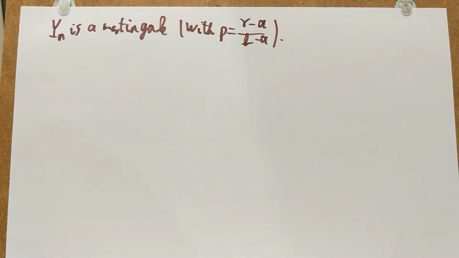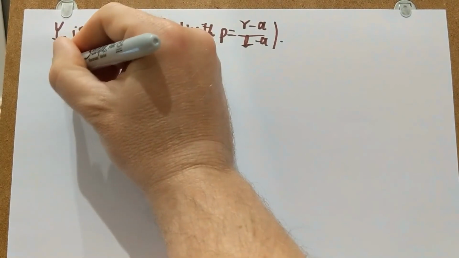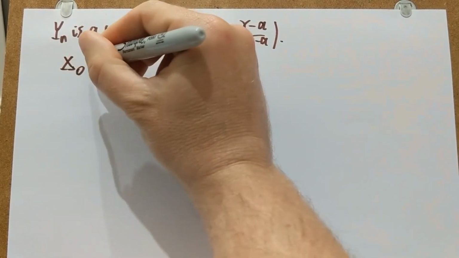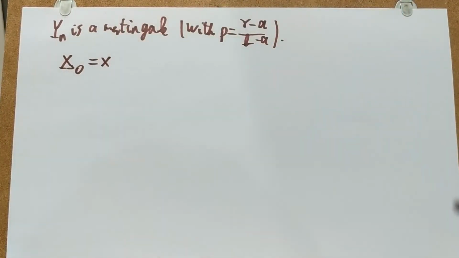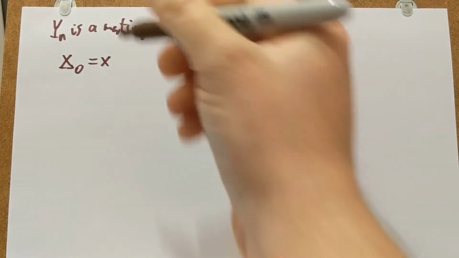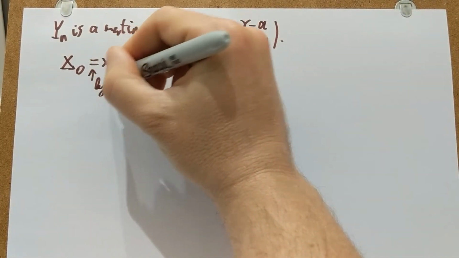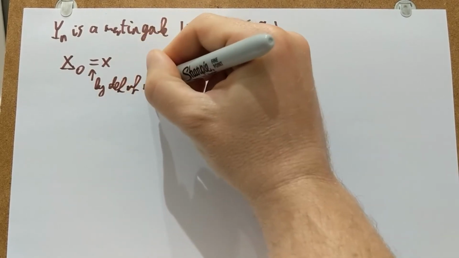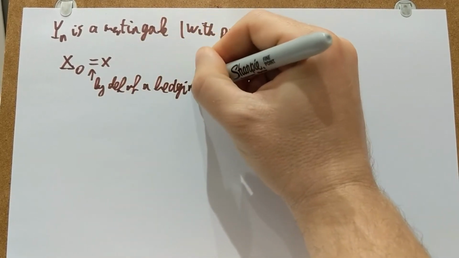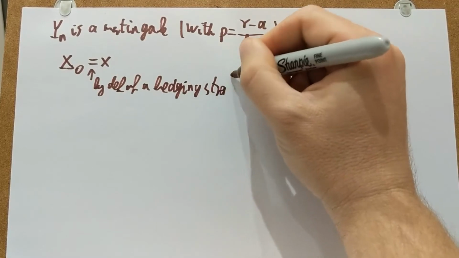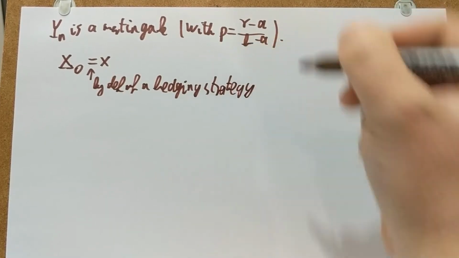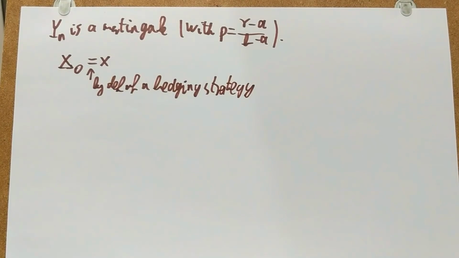Okay, what is X naught? So suppose that we have a hedging strategy which starts with X. So we are assuming that we have some kind of a hedging strategy, it starts with X. Just by definition of a hedging strategy, that's the value of the hedging. Okay, let me just bring back the theorem we're actually proving.